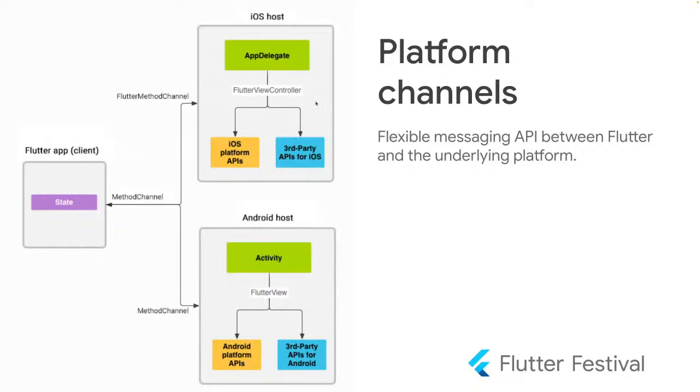Now, third-party APIs could include, for example, an SDK for some third-party service that doesn't have a Flutter package, a Flutter plugin, already. You can do that: wrap that SDK with platform channels and then use it inside your Flutter application. We're going to see how this works.